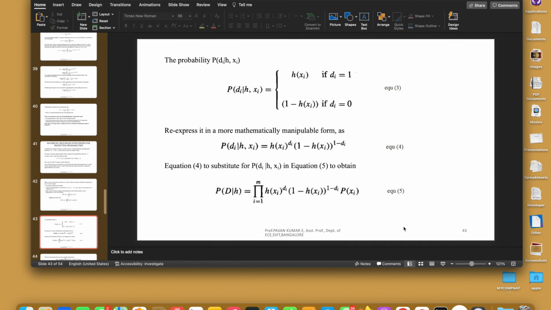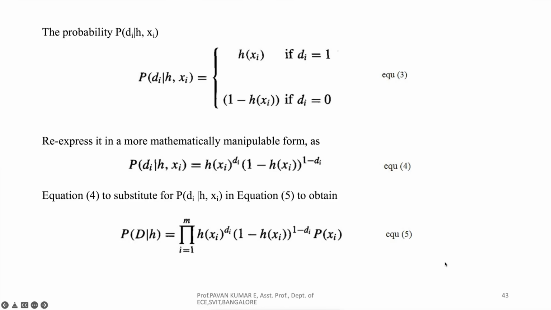So by considering your data as a probability, I can give the output as h of xi if di is equal to 1, or else 1 minus h of xi if di is equal to 0. So this is the probability function.